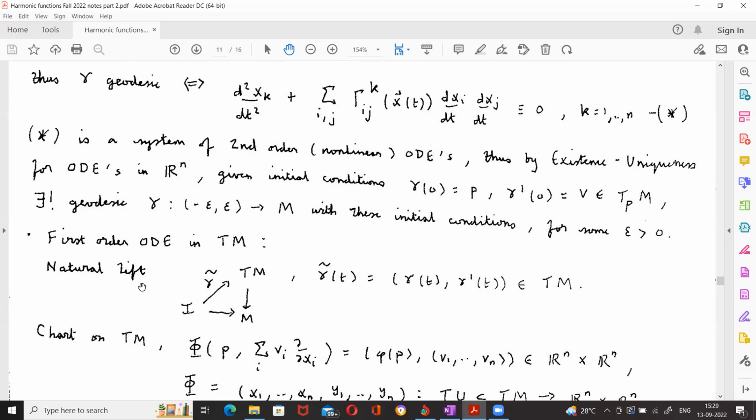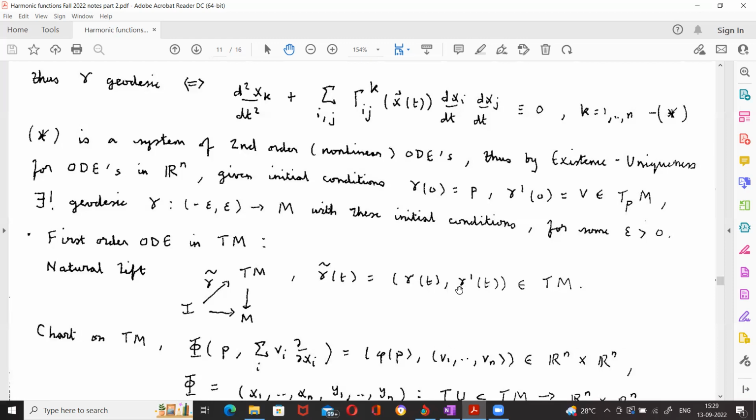So let's do that. First of all, if I have a curve gamma going from an interval I into M, then we can define what's called the natural lift of gamma. That will be a curve gamma tilde mapping into the tangent bundle. So gamma tilde at a point t is going to be the pair (gamma(t), gamma prime(t)). Gamma prime(t) is a tangent vector at the point gamma(t), so this is an element of the tangent bundle.